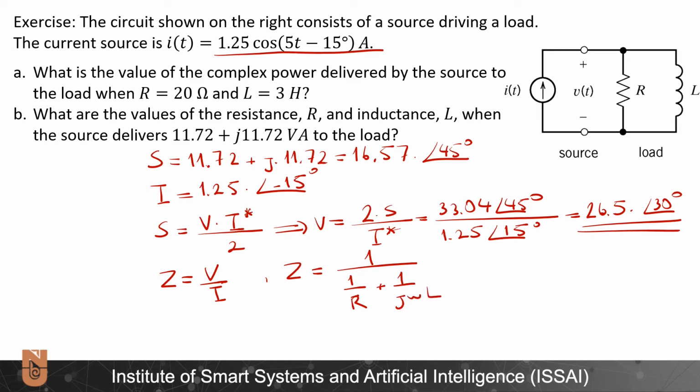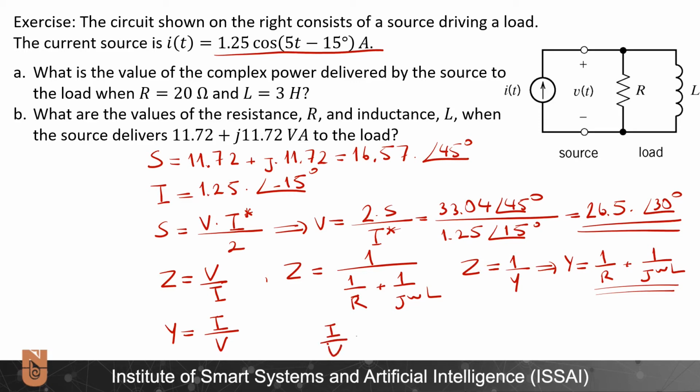And we remember that we had admittance, which is 1 over Z. Accordingly, Y is equal to 1/R + 1/(jωL). So Y is at the same time equal to I divided by V. If I find I divided by V and equate this, I will have I divided by V equal to 1/R + 1/(jωL).